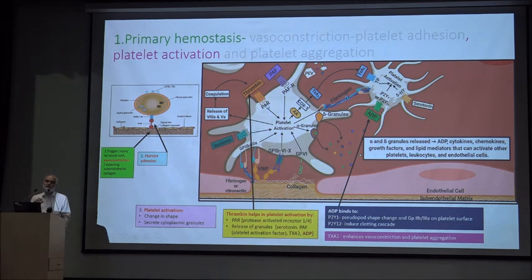So primary and secondary hemostasis are not separated or independent of each other. They interact with each other at various steps. For example, thrombin in this step.